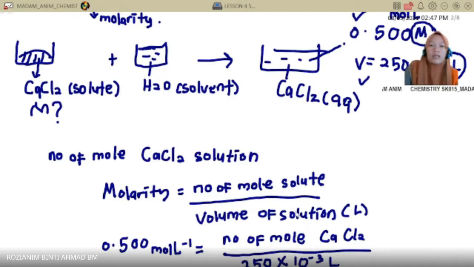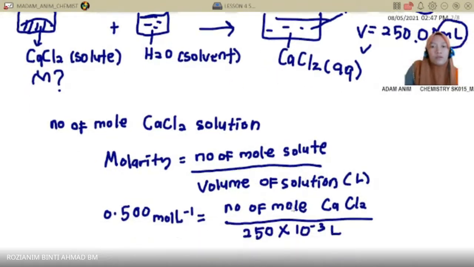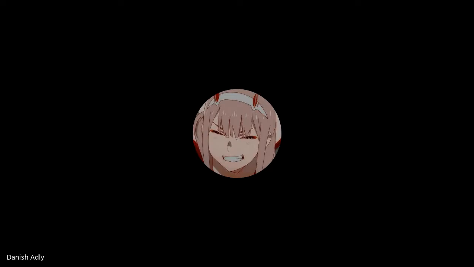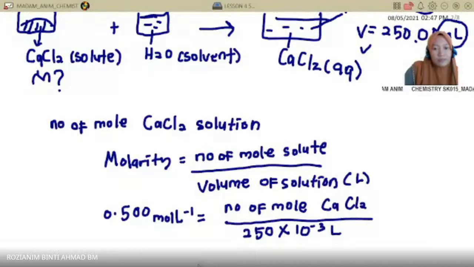Finalize, we can get the number of mole. So you dapat berapa number of mole here? Dapat berapa? Ahmad Danish? Danish, you dapat berapa mole? Tolong saya kira sekarang. Danish? Okay, tolong kira. Yang lain? Okay, kira sekarang. Berapa dapat?